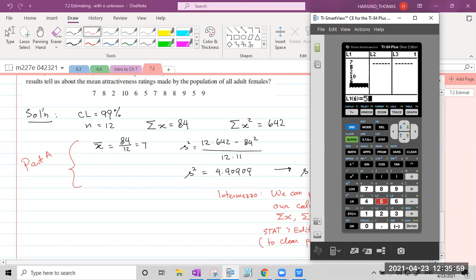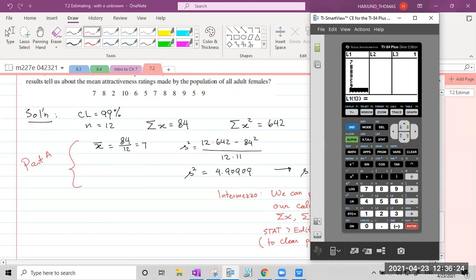enter, 5, enter, 7, enter, 8, enter, 8, enter, 9, enter, 5, enter, 9. Now make sure that in the next line you will have L1(13), which is still blank. It means so far you have entered 12 data.